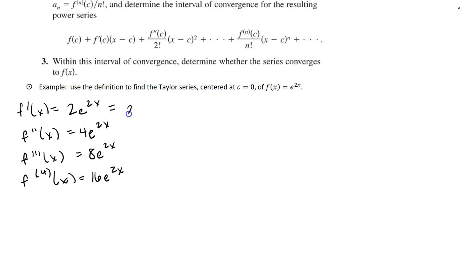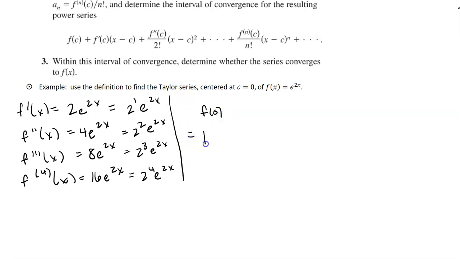I see that we're saying 2 to the first power e to the 2x, 2 squared e to the 2x, 2 cubed e to the 2x, and 2 to the fourth e to the 2x. So my f of 0 would be just the 1, because I'd plug in f of 0 equals e to the 0 power.